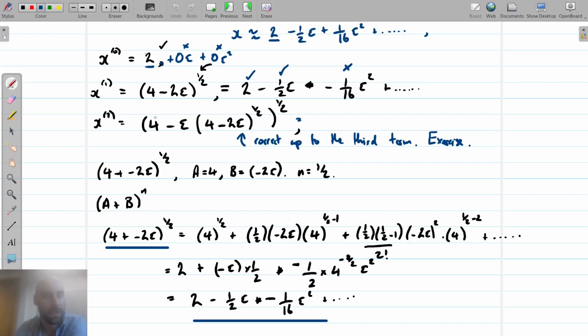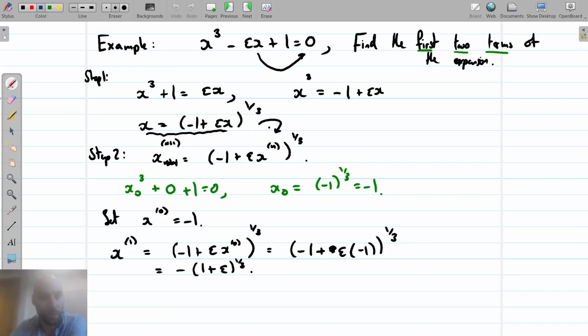So in this example, if I only want the first two terms, I only need to find x1. If the question asks for three terms, I need to find x2. If the question asks for five terms, I need to find x4. So we do not need x2. And in an exam, I think I'll probably only ask you for the first two terms.